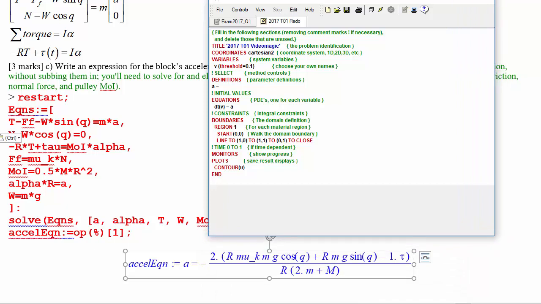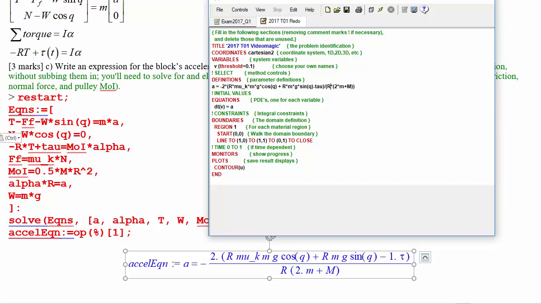Okay, so the acceleration is -2 times r times mu k times m times g times cos of q plus r times m times g times sine of q minus tau. And we're going to divide that by r times 2 times m plus big M. Now the problem is that FlexPDE, unlike Maple, is case insensitive.